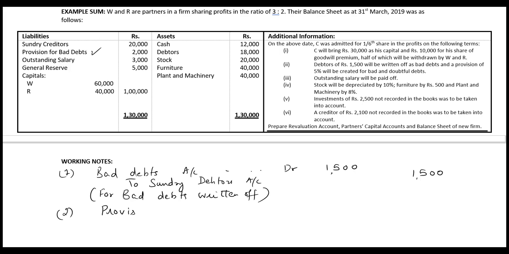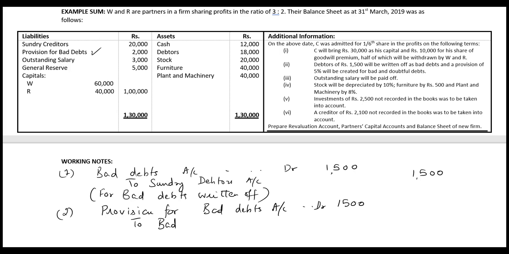So the next journal entry, provision for bad debts account debit 1,500, to bad debts account 1,500, for providing for bad debts.